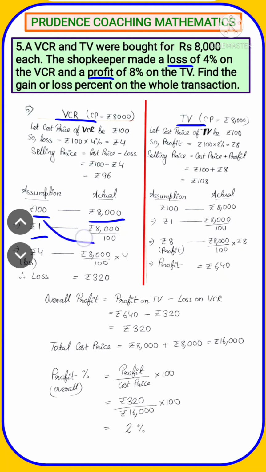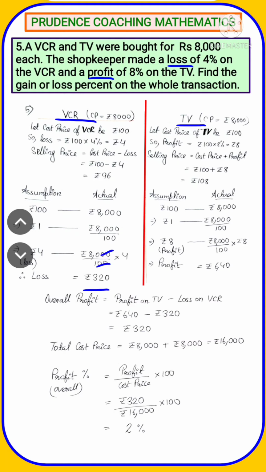We are dividing it by 100 to get the value of 1 unit. And we need to find out the value of loss, that is rupees 4. So rupees 4 will be 8,000 divided by 100, that is the value of 1, into 4. After calculation, these 2 zeros will be cancelled. So you will get 320 rupees as the loss.